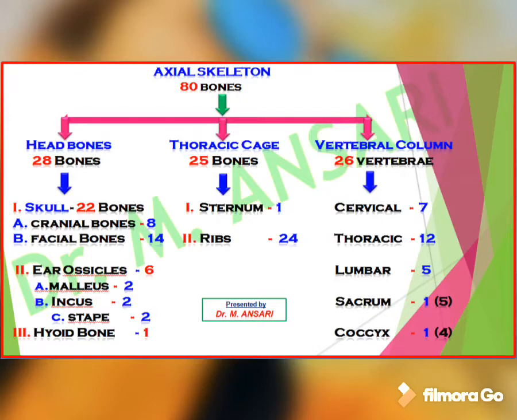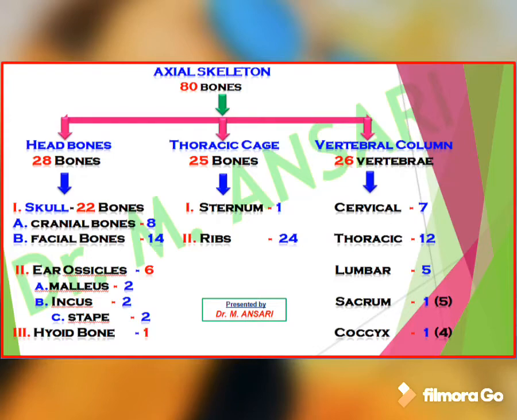So, we can say 8 cranial bones and 14 facial bones together form skull. Total 6 ear ossicles are present, which includes 2 malleus, 2 incus and 2 stapes. So altogether 6 ear ossicles are present in head region. Hyoid bone is an unpaired bone, that is only one in number.